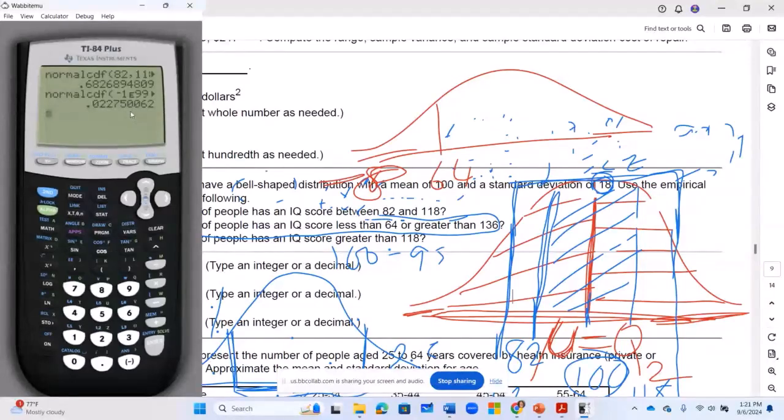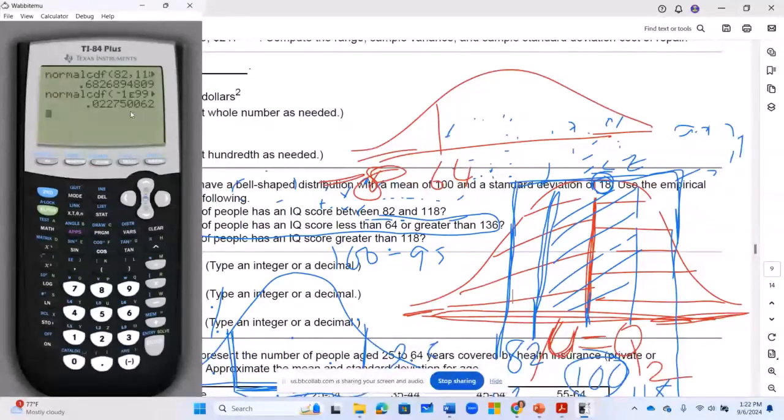I'm doing this because you will be expected to use your calculator to answer other questions with normal distribution, especially since we haven't done z-score yet. When we do z-score, we shall actually use the z-chart. You can use both the z-chart and your calculator.